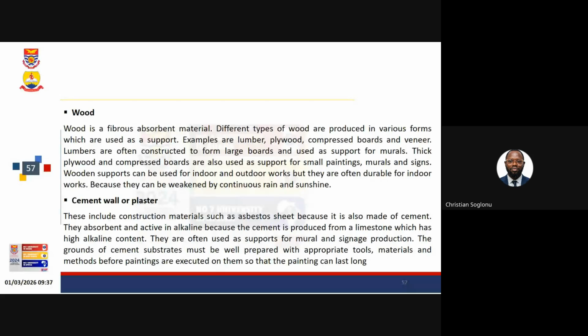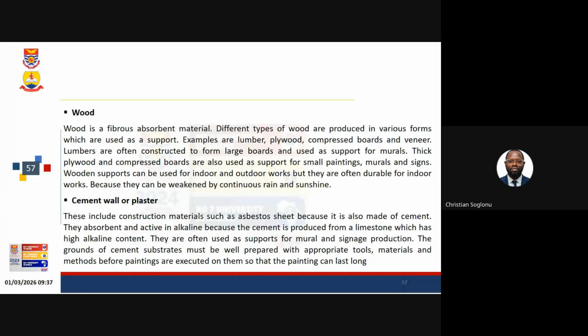Cement wall or plaster. These include construction materials such as asbestos sheets, because they are also made of cement. They are absorbent and active in alkaline, because cement is produced from limestone, which has high alkaline content.